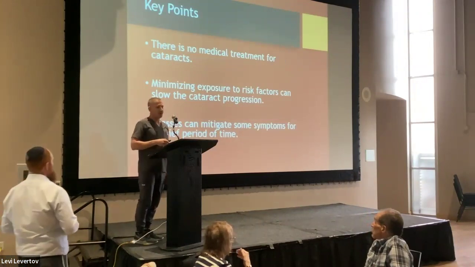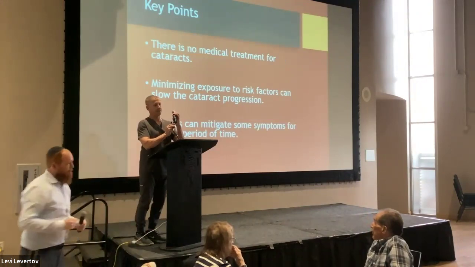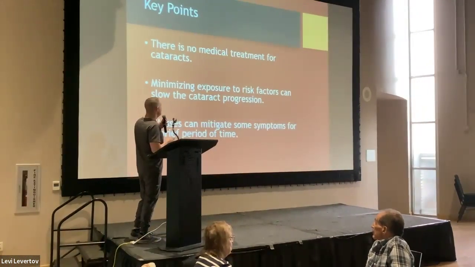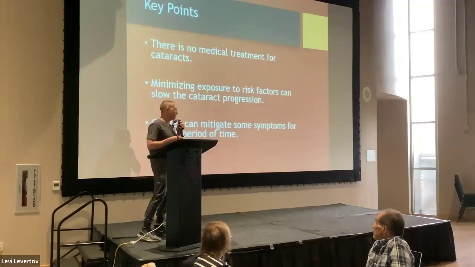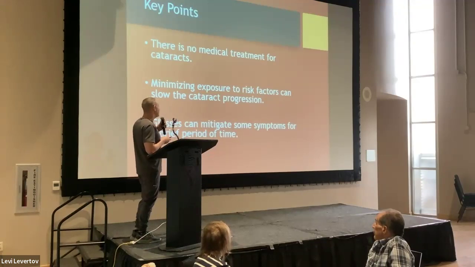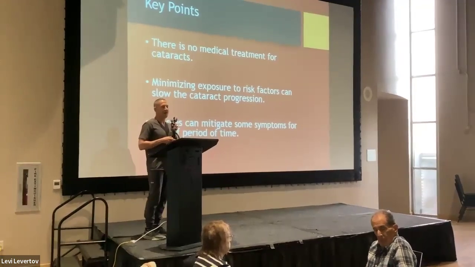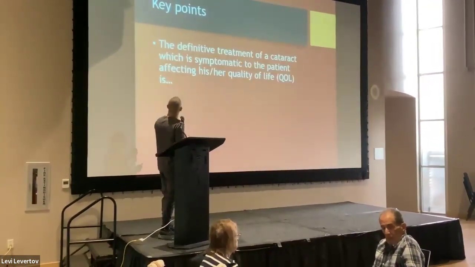There is no medical treatment for cataracts. Minimizing exposure to risk factors can slow the progression of a cataract. And glasses can help with some of the symptoms for a brief period of time, but glasses don't help with cataracts for long term.